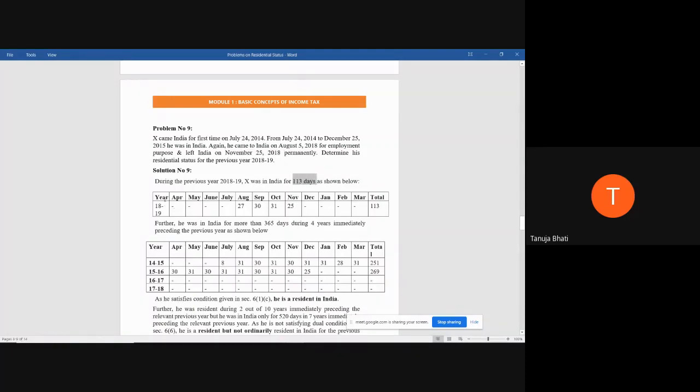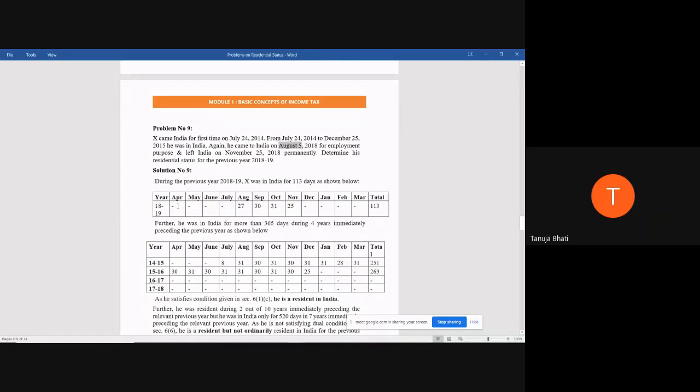Let us see. The year is 18-19 because the first basic condition tells that in the previous year, 18-19, his stay should be 182 days or more. Now, when did he come to India during this year? He left India in 2015 and directly came into India on August 5th.